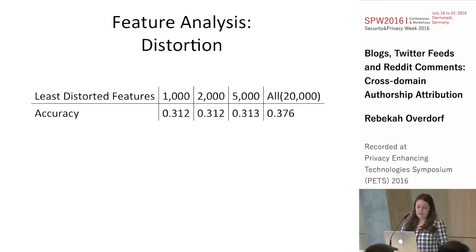So here we took the least distorted features and we kept them, and we took the most distorted features and we got rid of them. And we did a dev test set here so that we could make sure that we're not overfitting our data at all. But we see that removing features, even the most distorted features, doesn't improve our accuracy at all. It decreases the accuracy. So while one author may change in one way across domains, another author will change another way, and there seems to be no consistency in how they change.